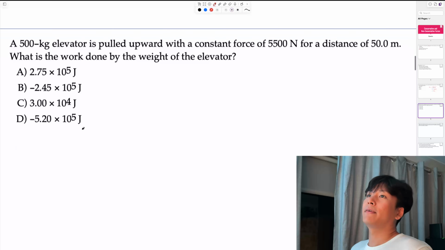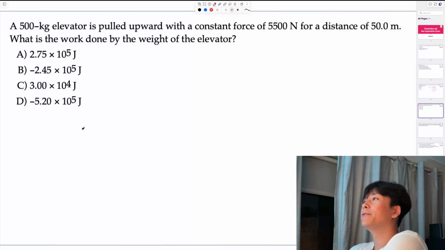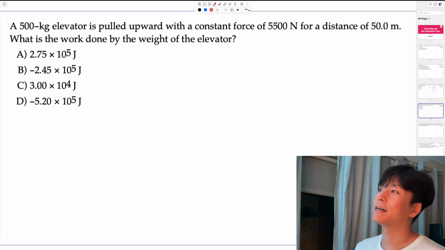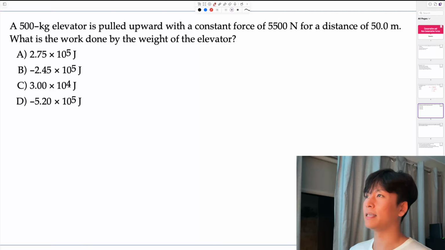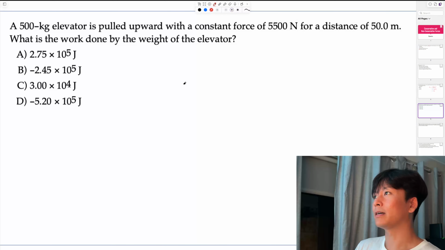Okay. Next one, a 500 kilogram elevator is pulled upward with a constant force of 5,500 newtons for a distance of 50 meters. What is the work done by the weight of the elevator? So let's draw a diagram. So I have my elevator here.